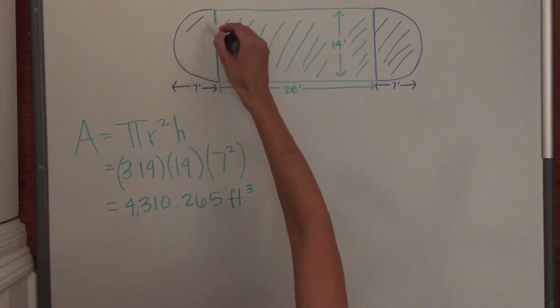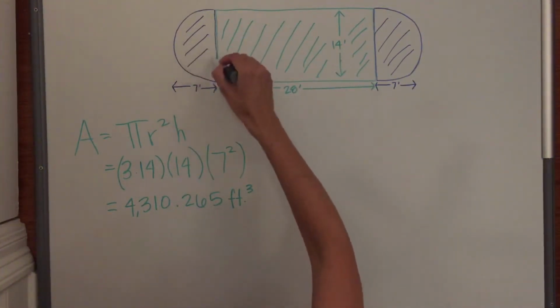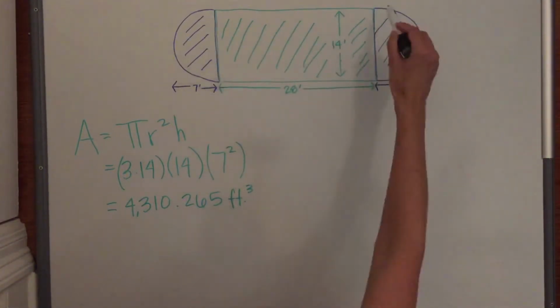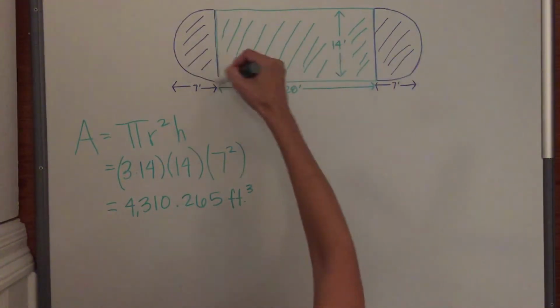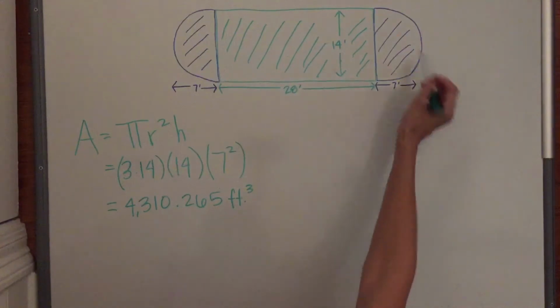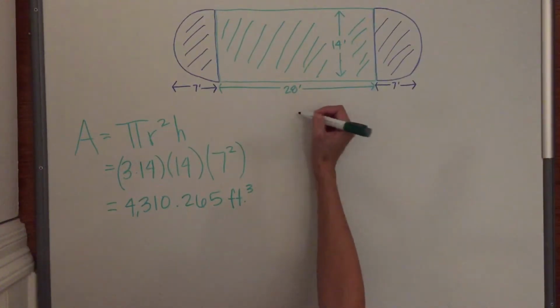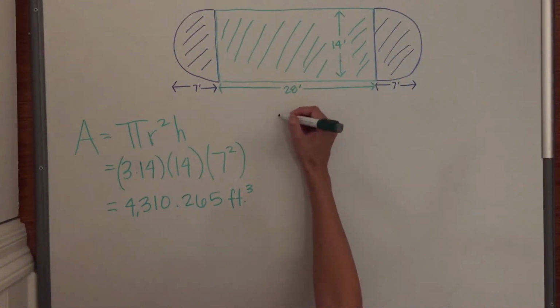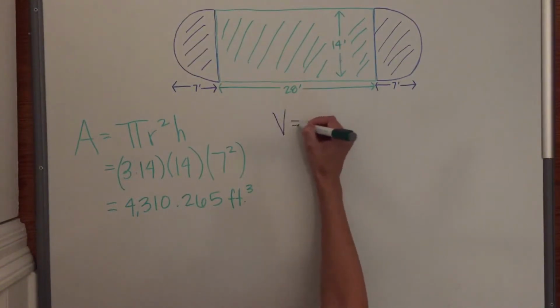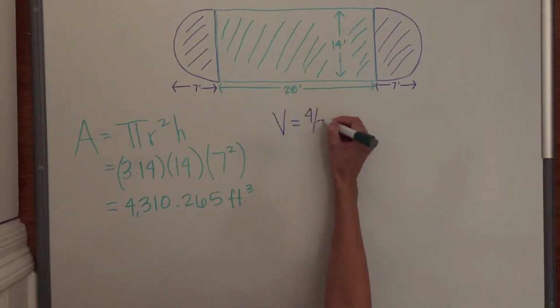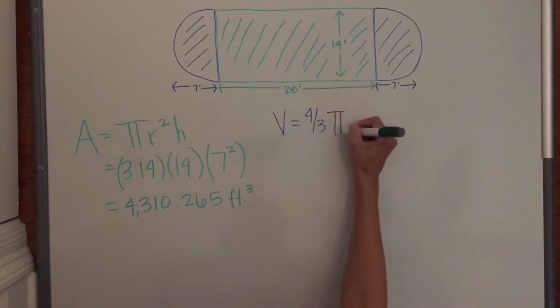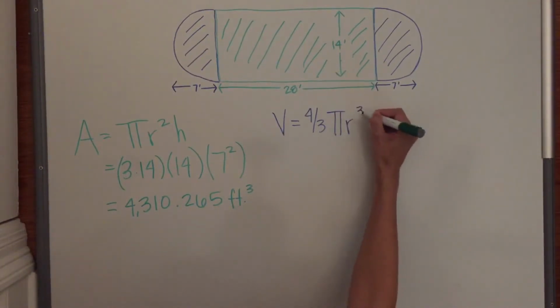Now it's asking for volume, so instead of picturing this as semicircles, you want to think of it as a sphere. And the formula to find the volume of a sphere is volume equals 4/3 times pi times the radius cubed.